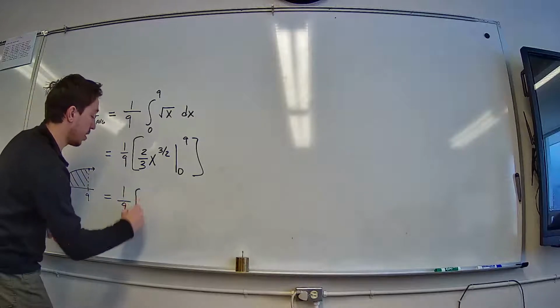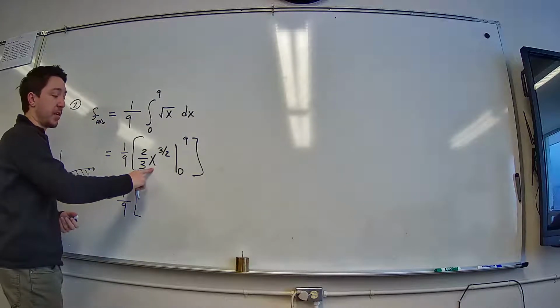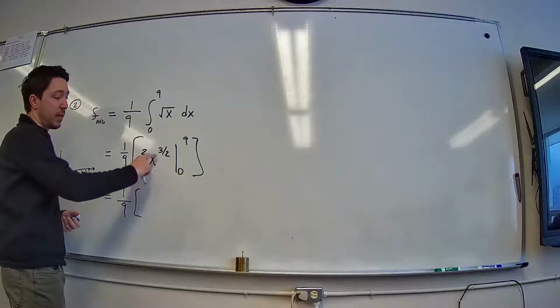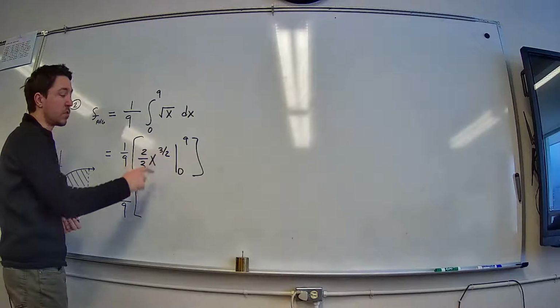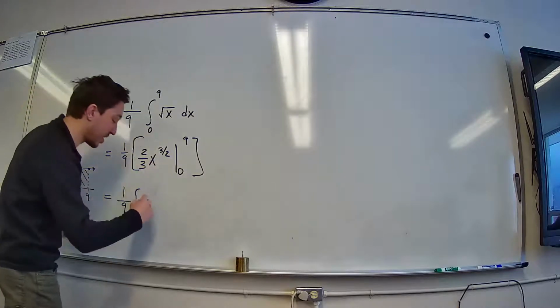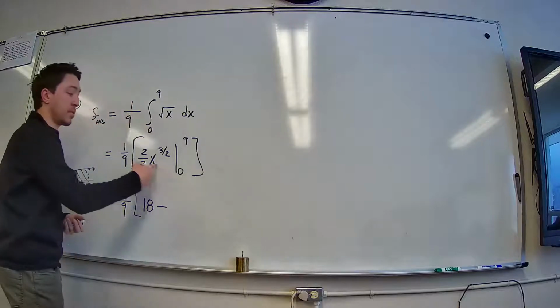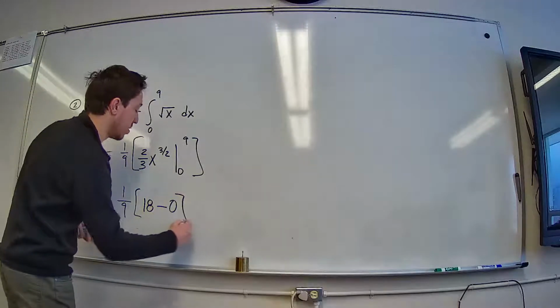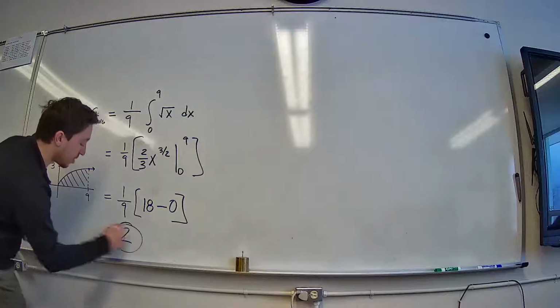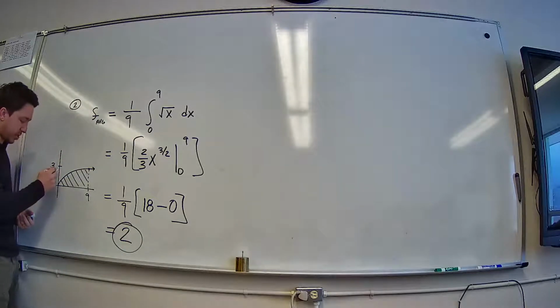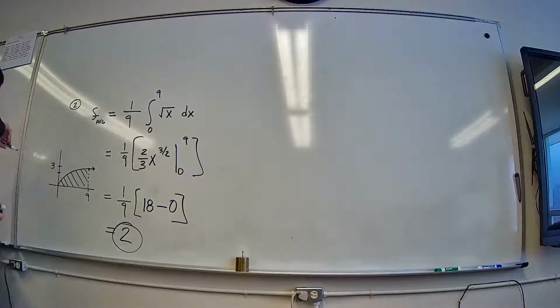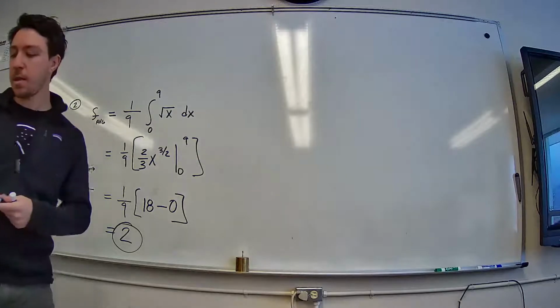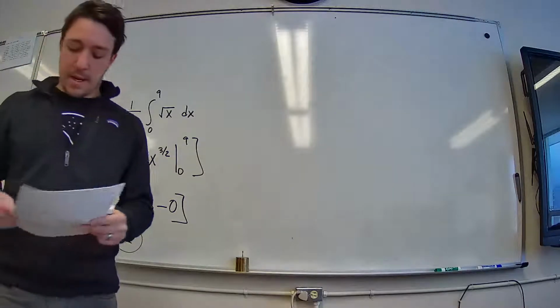So you plug in 9, a little bit of arithmetic here. What's 9 to the 3/2? 27. And 2/3 of 27 is 18. Plugging in zero is a little bit easier. And so, pretty remarkable. You just get an integer. So it turns out your average value is right there. Okay.